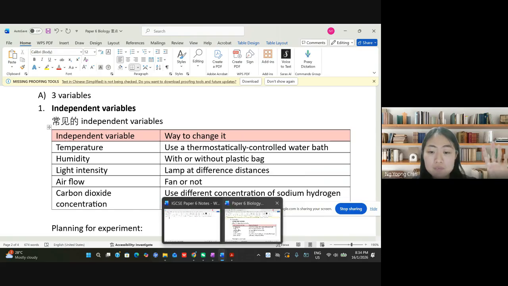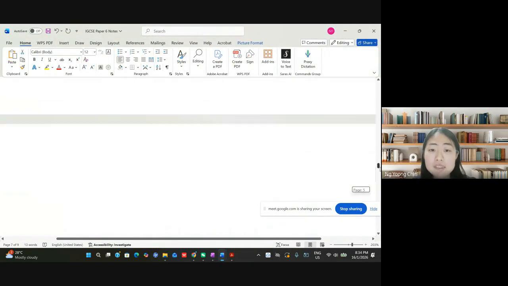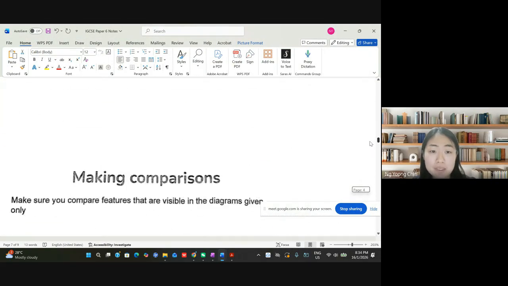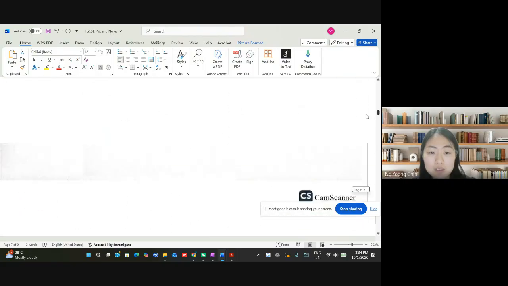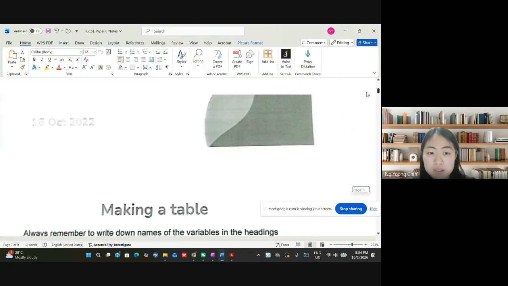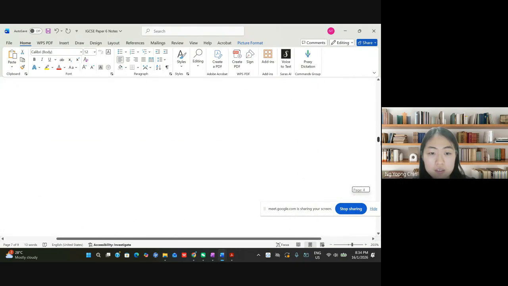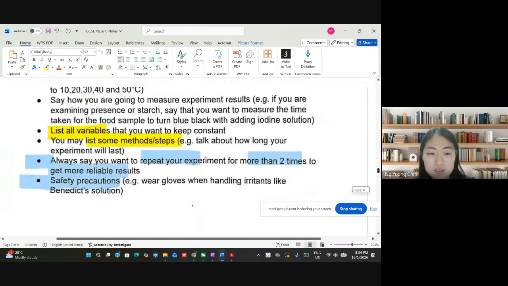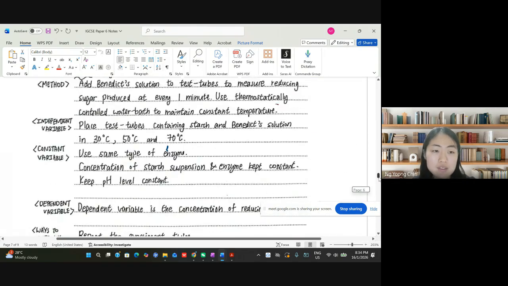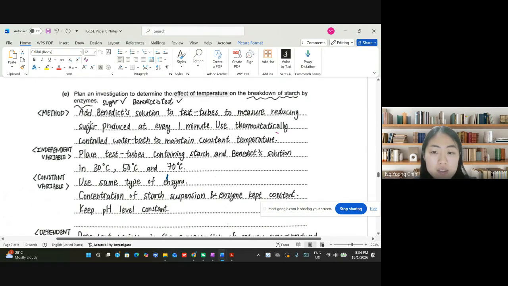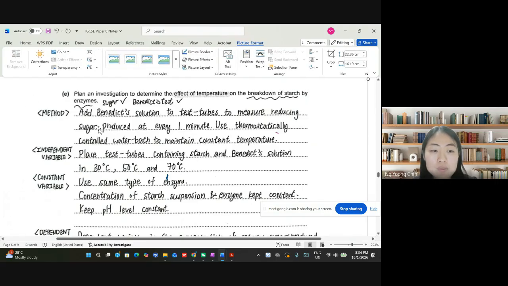The procedure, they will ask you to write the methods, which is this one. Here, and here. See the method. So you can include this in the methods.